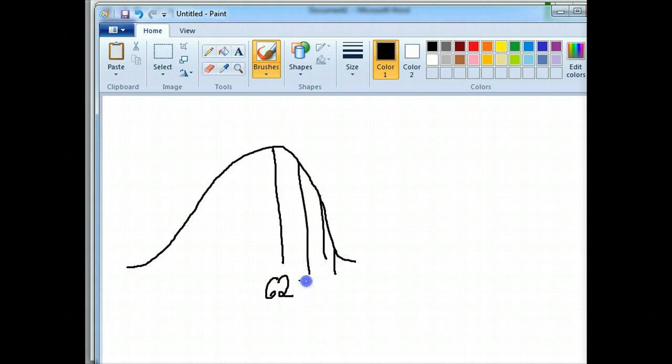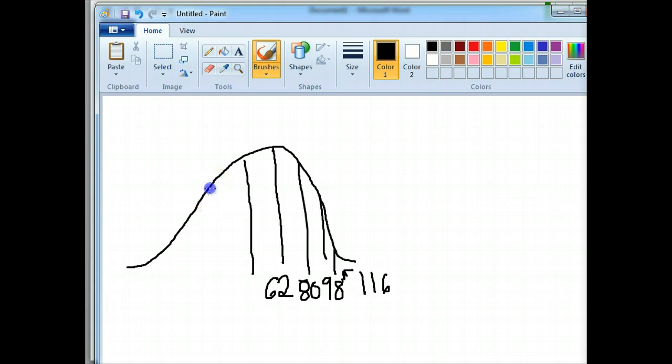I'm going to add 18 and get 80. And then I'm going to add 18 again to get to the next standard deviation. I didn't draw my curve very big. 98. And then I'm going to add 18 again to get to my last one. I'm going to draw a little arrow in there. I left myself a little bit more room.